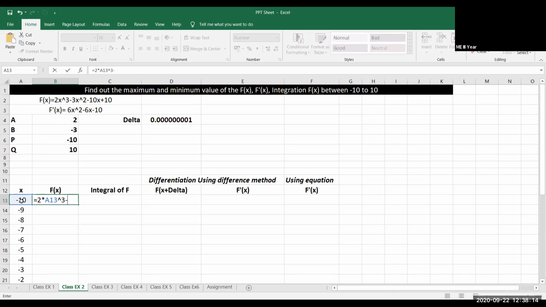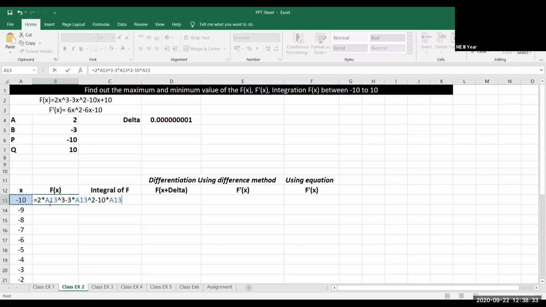Next minus 3 into x to the power 2. So you have to give the x value. I have given the x value and to the power 2, minus 10x, 10 into the x value.